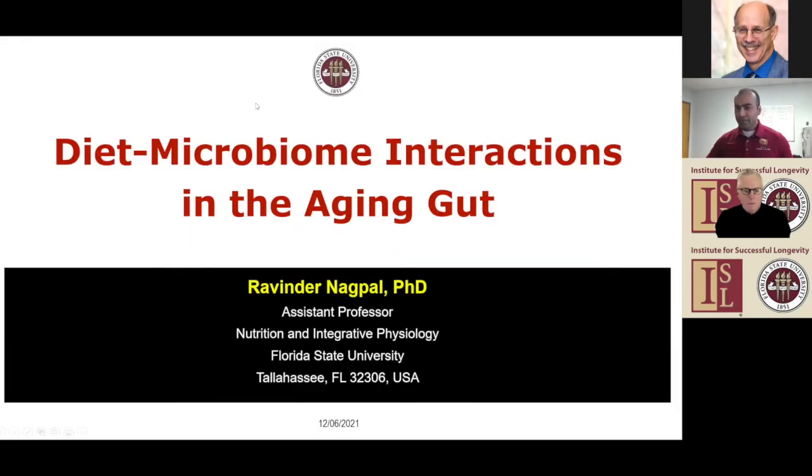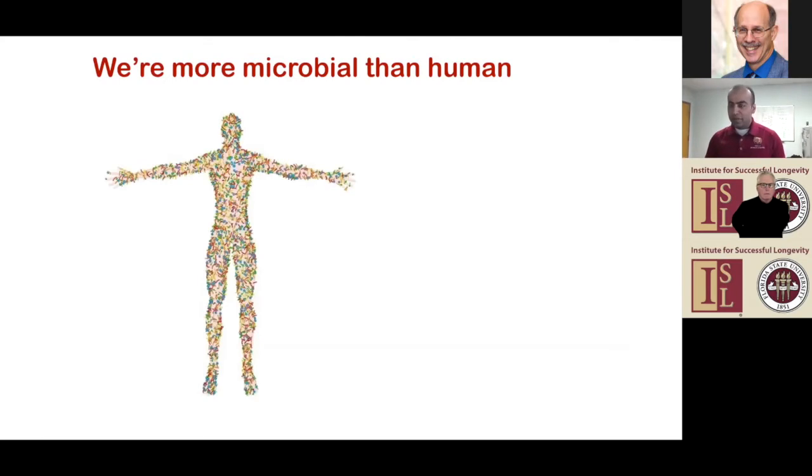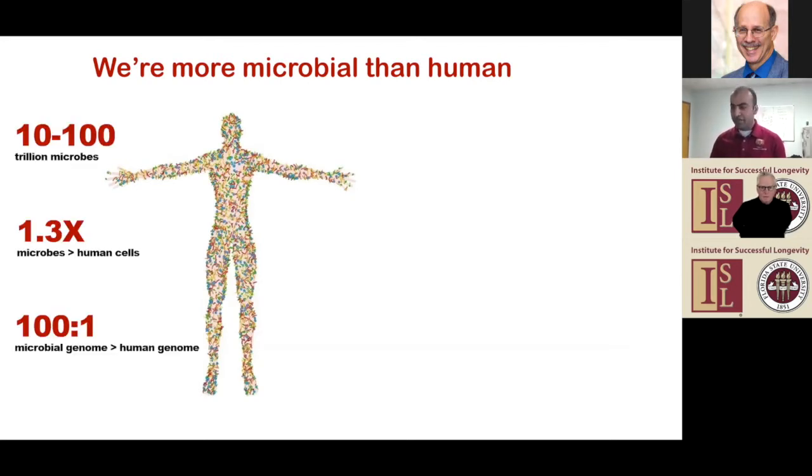Go ahead. So the past couple of decades have clearly shown that our bodies, as a physiological system, are more microbial than human, considering that at any point of time our bodies contain 10 to 100 trillion microbes on or inside our body.